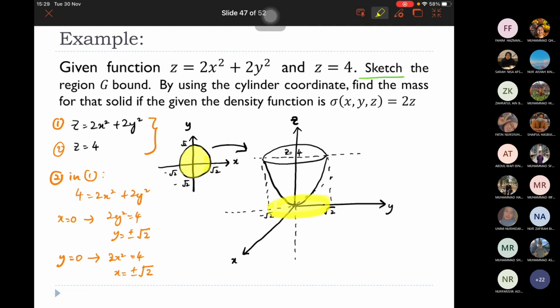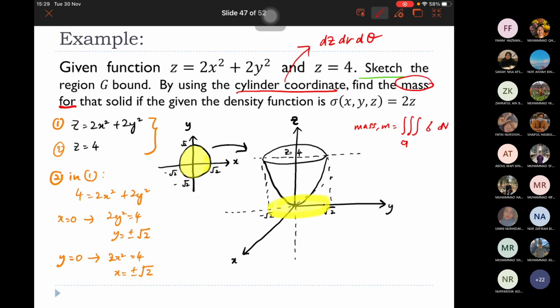So we need this sketching to determine it. The question says to use cylindrical coordinates, meaning dz, dr, d theta. It asks to find the mass. Mass M equals the triple integral over the bounded region of delta dV.